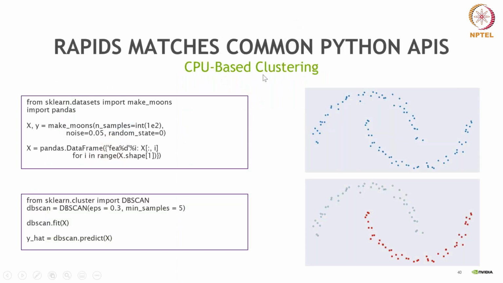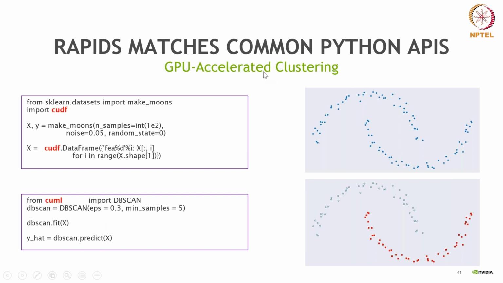So this is just a very short example. If you were doing CPU based clustering, you will obviously use sklearn, and you would do it in the form of a pandas data frame. So you will first create a pandas data frame, then you will import a sklearn clustering algorithm like DBSCAN. You will do a fit and then a predict.